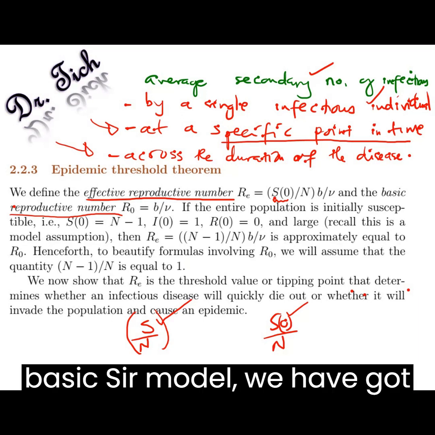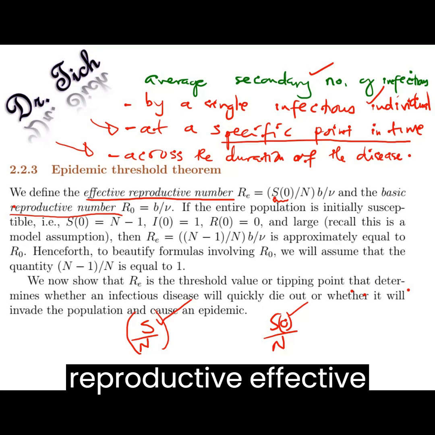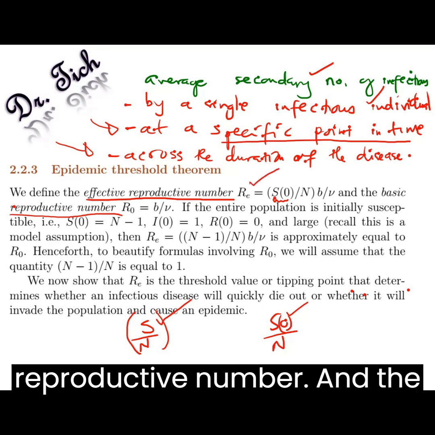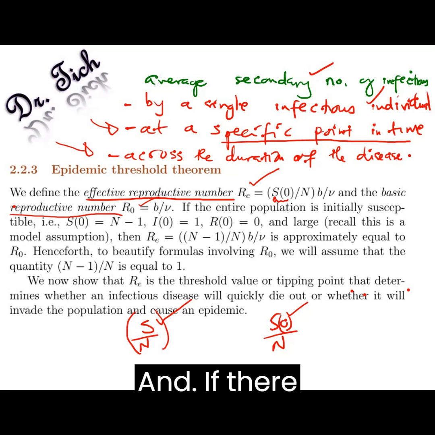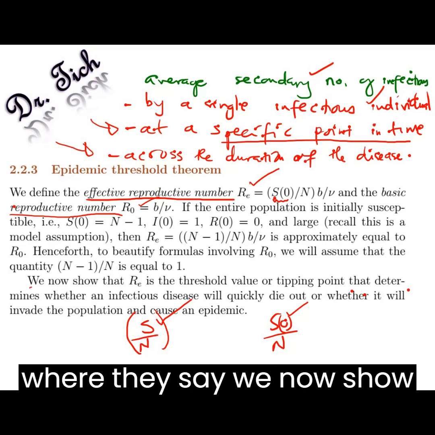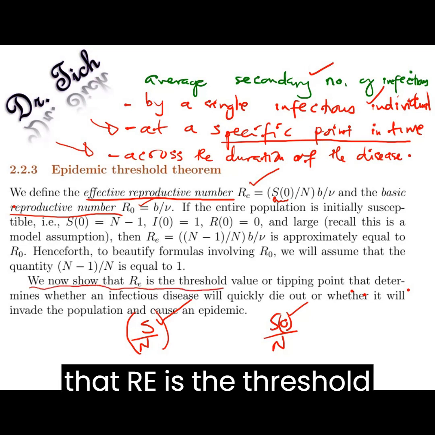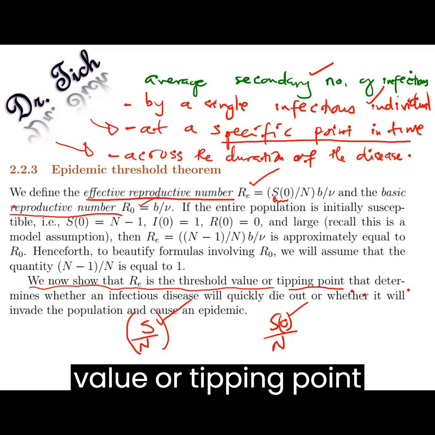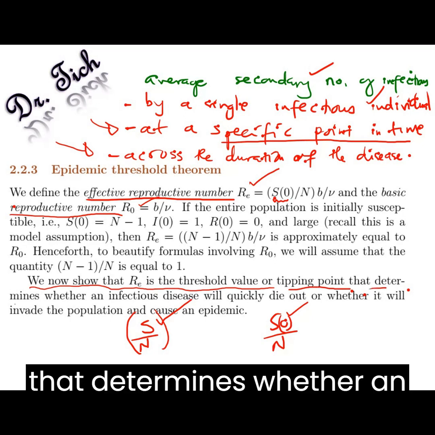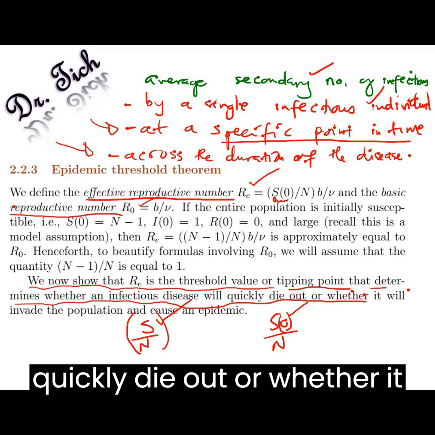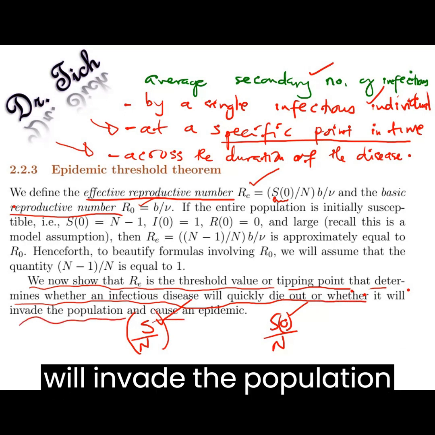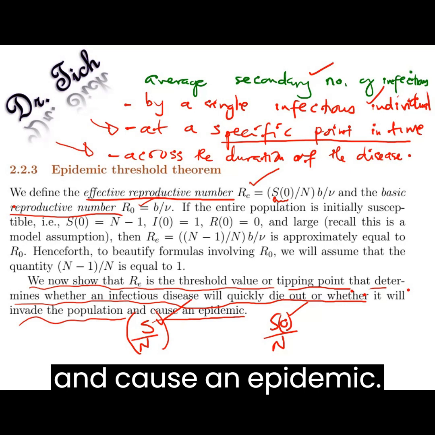So given our basic SIR model, we have what is called the effective reproductive number and the basic reproductive number. There is a proof that follows where they show that RE is the threshold value or tipping point that determines whether an infectious disease will quickly die out or whether it will invade the population and cause an epidemic.